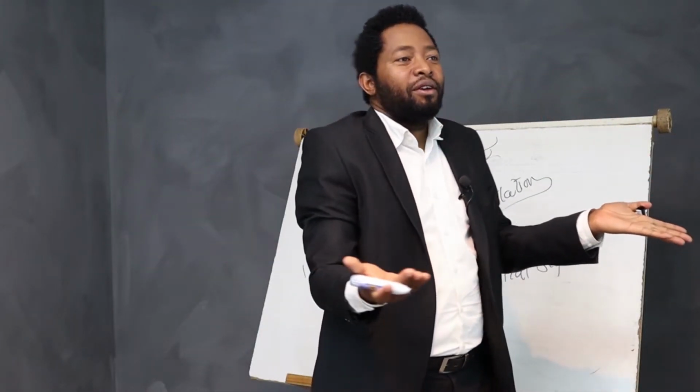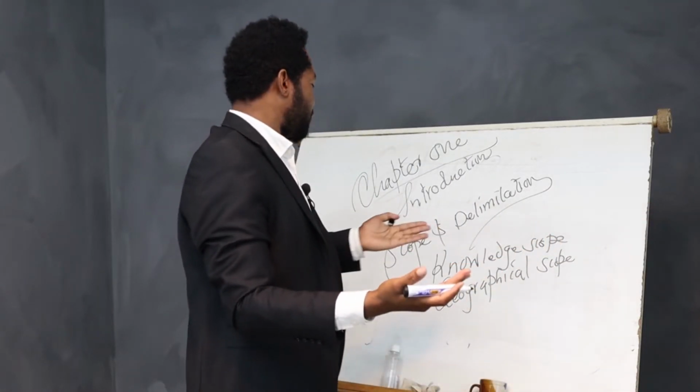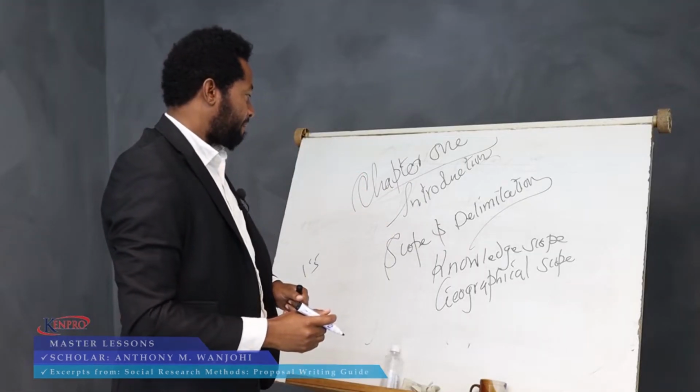You have to locate your study. That is where the social need came from, where our knowledge gap is placed. Therefore, study scope is based mainly on two aspects: knowledge scope and geographical scope.